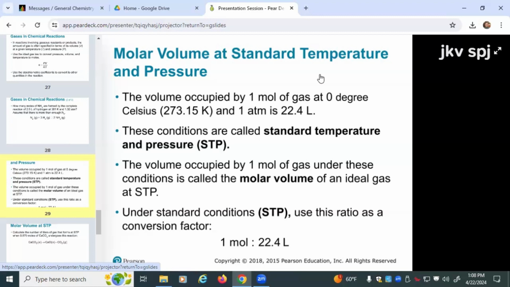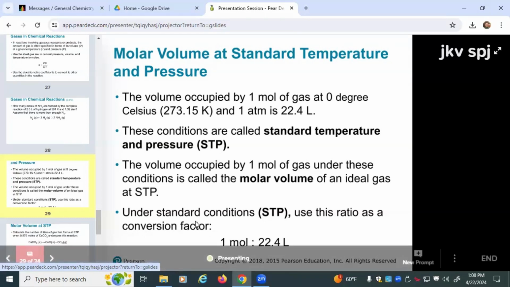Well, if I'm at STP, standard temperature and pressure, every gas will take up 22.4 liters of space. Doesn't matter what the identity of the gas is, it'll take up 22.4 liters of space if it's at STP.